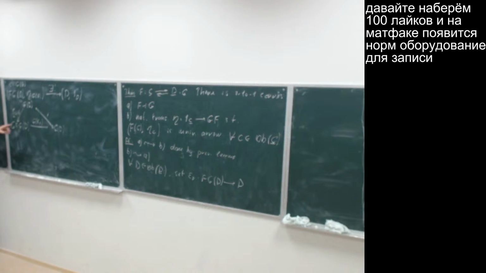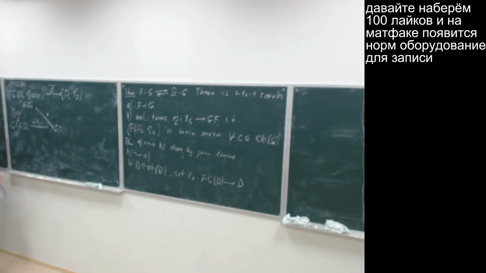So the existence of this epsilon D follows from the fact that this is an initial object for G of D. Notice that this is one of the triangle identities for the natural transformations eta and epsilon. So essentially by construction, we already get one of the triangle identities. But we still have a lot of things to prove.